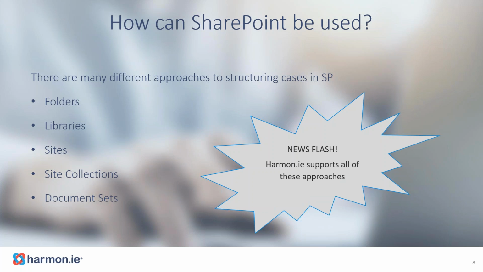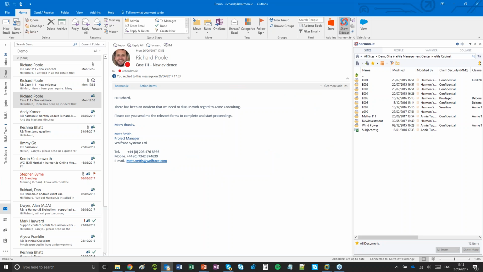However you're implementing SharePoint, Harmony can work with you to make the implementation successful. Let's take a look at some examples. In this case, I'm using a document library with document sets, and within that I can create a set per case.